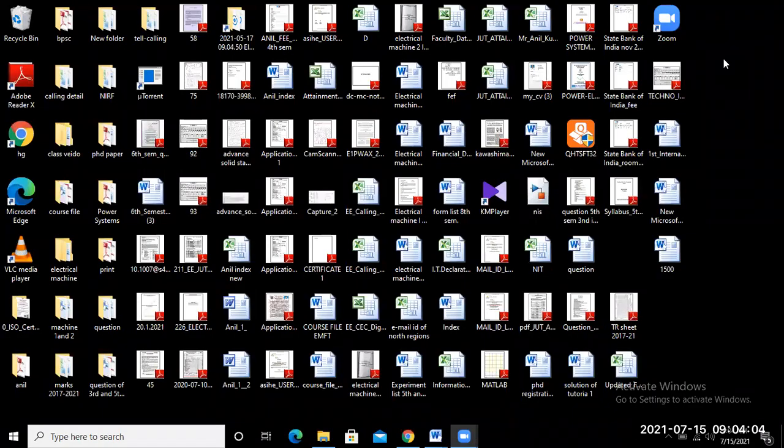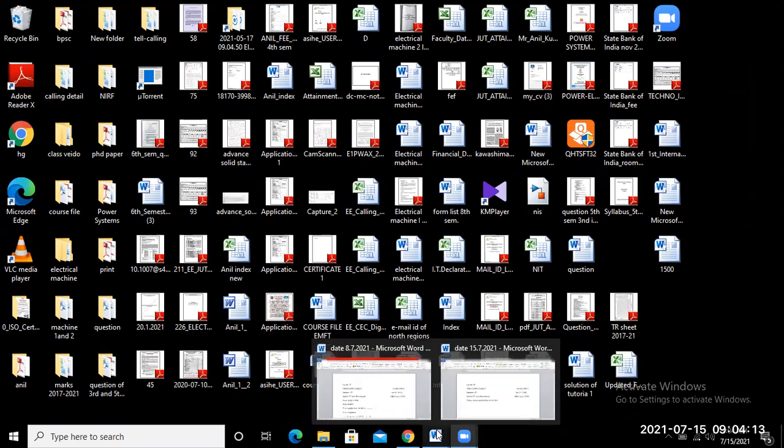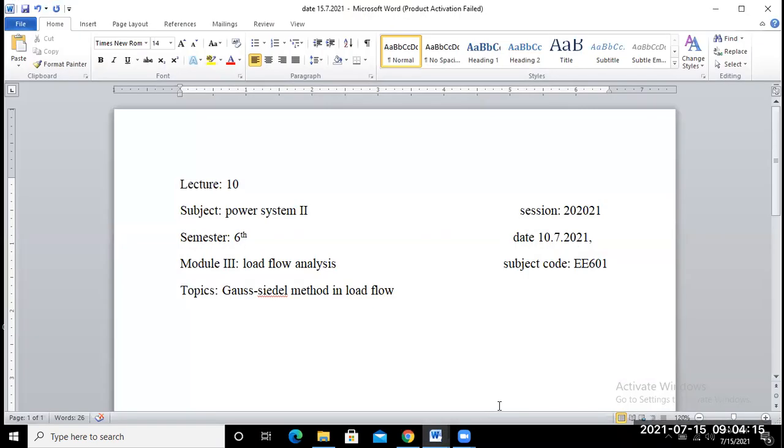First we try to write the power equation in a power system for an n-bus system.